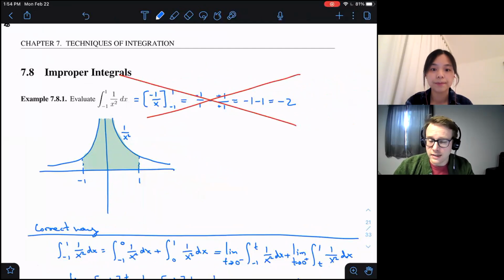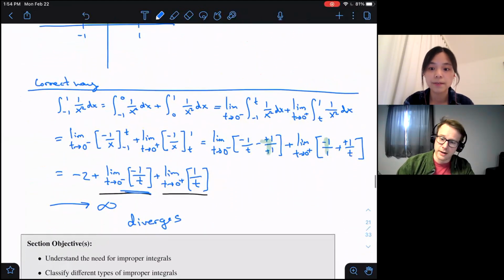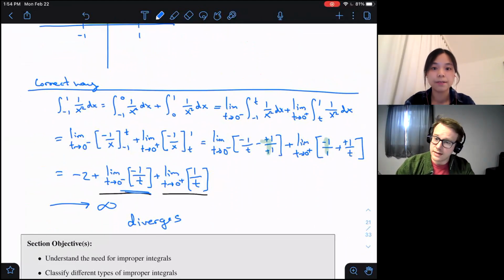Here we don't, so you can't apply it. The correct thing to do is split up the integral. We go from -1 to 0, paying special attention to that discontinuity, and then you go from 0 to 1.